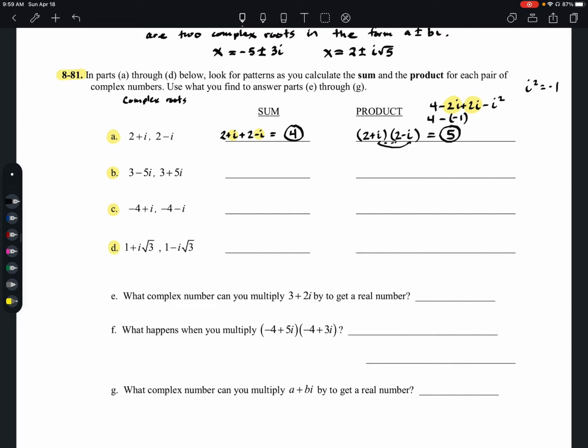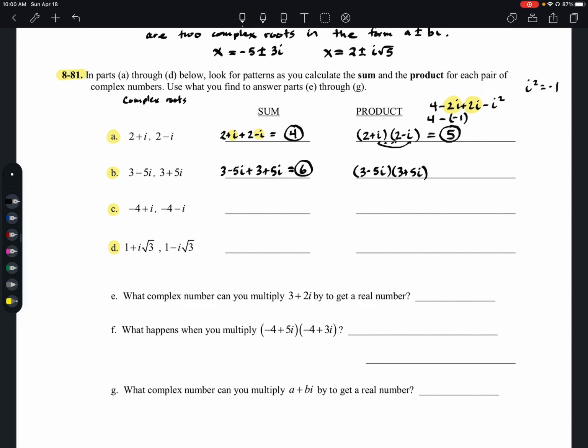All right, so letter B, I'm going to do 3 minus 5i plus 3 plus 5i. And when we do that, we should end up with 6. For the product, we've got 3 minus 5i times 3 plus 5i.